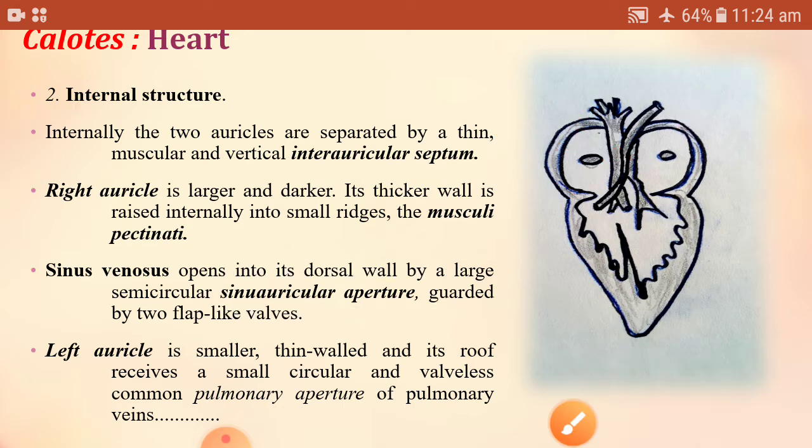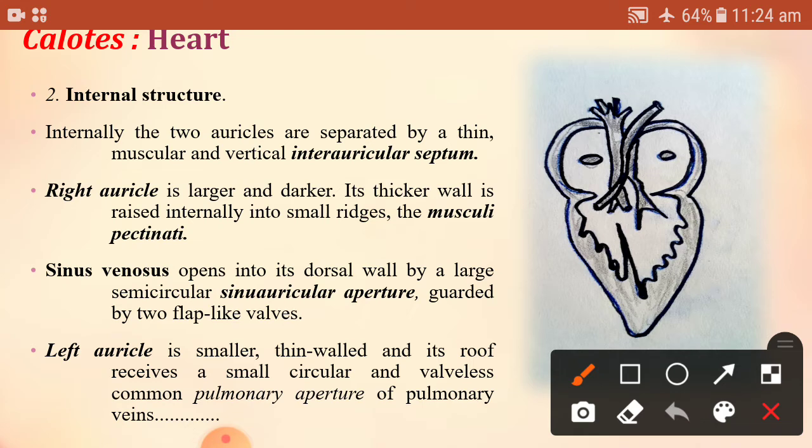When we see the left auricle, this left auricle is comparatively smaller and thin walled, and its roof receives a small circular and valveless common pulmonary aperture.